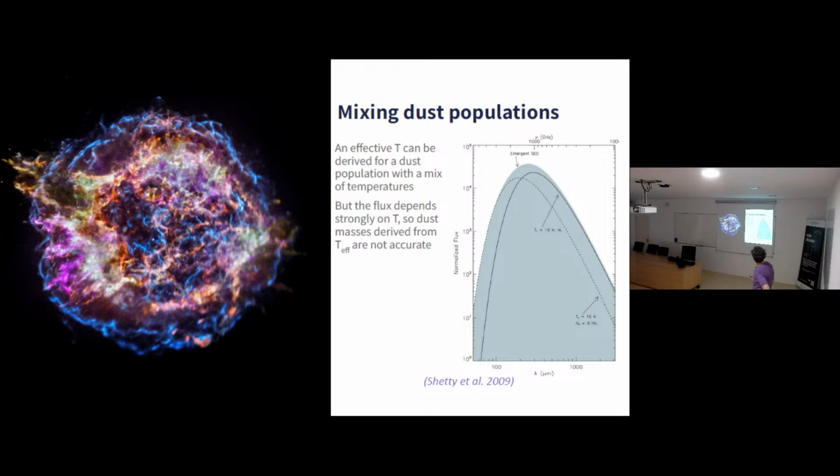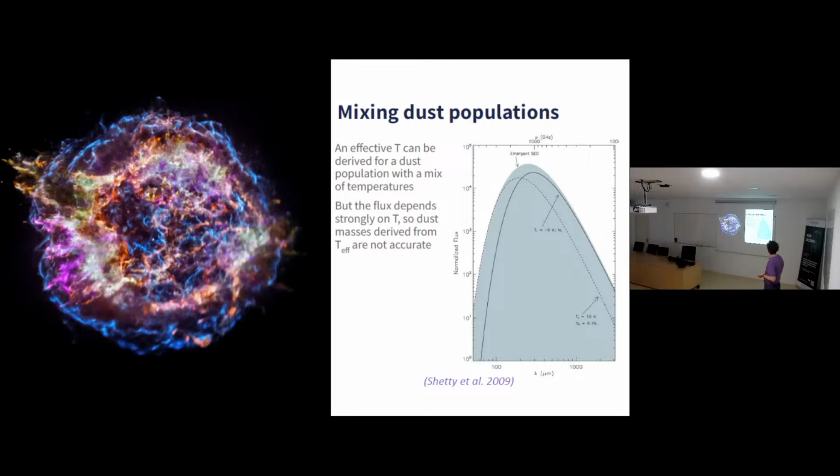So yes, I already made this point, but if you are trying to fit a single temperature to an entire galaxy, you are basically fitting an effective temperature, but in reality, you have a mix of temperatures, of course. You're mixing different dust populations. You have warmer dust in star-forming regions and colder dust in regions where there is no star formation. And even within regions, there is, of course, a gradient in temperature.